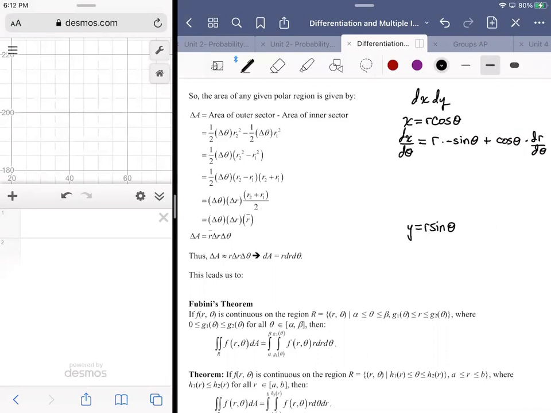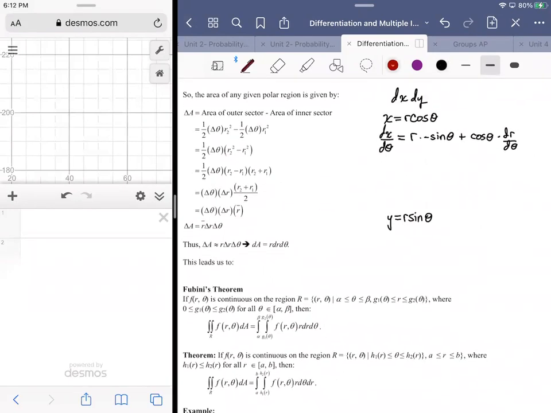Clean it up, move some things around, multiply through with the d theta. So multiply everything by d theta. We get dx equal to negative r sine theta d theta plus cosine theta dr.